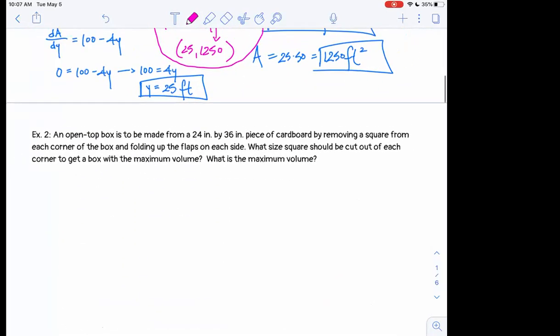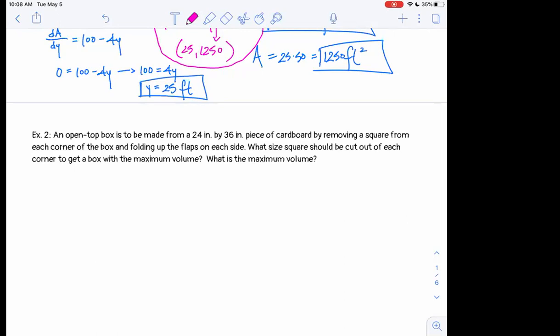Example number 1 is a pretty classic kind of problem, meaning it comes up a lot, and the same goes for example number 2. I tried to pick common questions rather than ones that are way out there, because it's important that we can handle a lot of these common cases. So let's read through the problem.